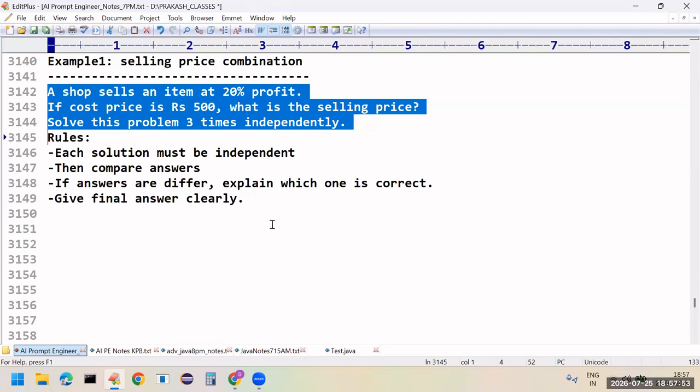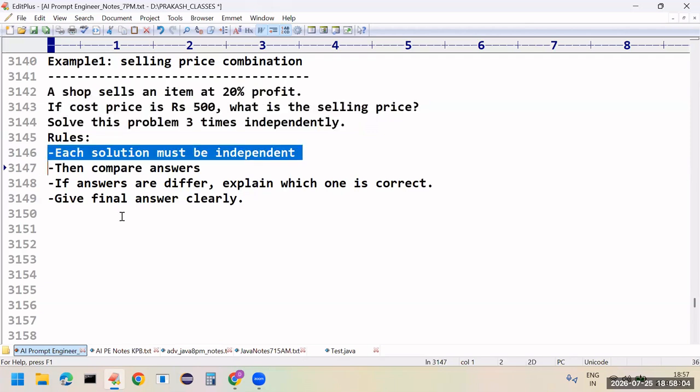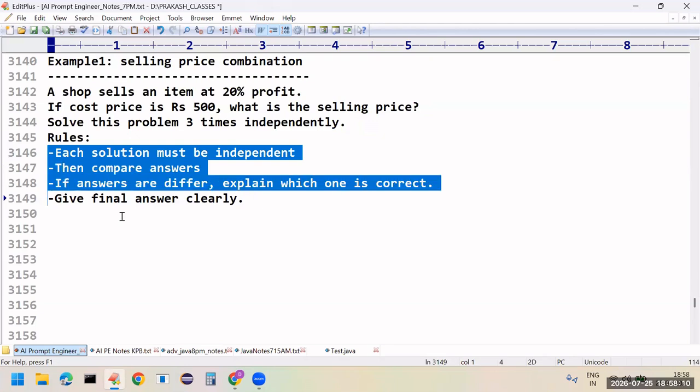What I am asking is, can you please solve this problem 3 times, independently. Rules: each solution must be independent, I mean the process. Now you have to compare the answers. If the answers are different, explain which one is correct and give the final answer clearly.